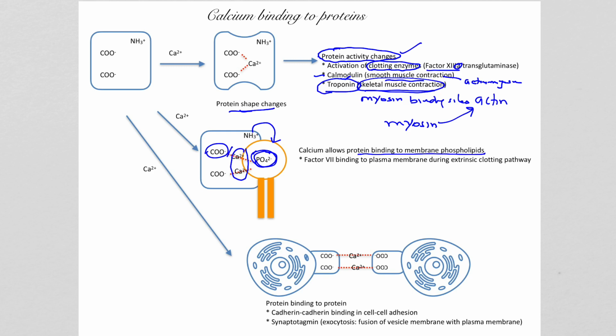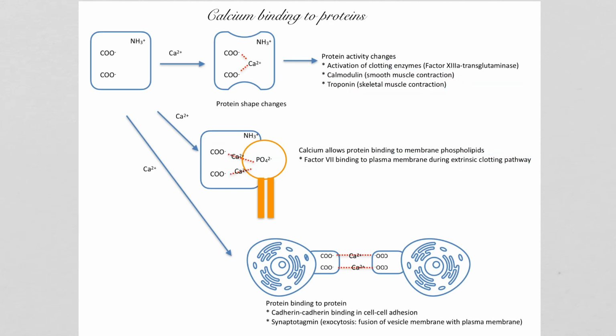There are many examples of this, but one example is in clotting, the extrinsic clotting pathway. Factor 7 binding to the plasma membrane is actually helped by the presence of calcium. So calcium can not only change protein activity, it can allow protein binding to membranes.